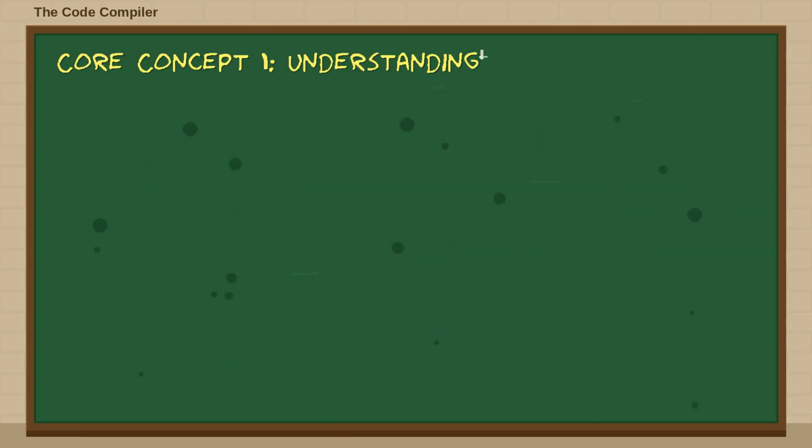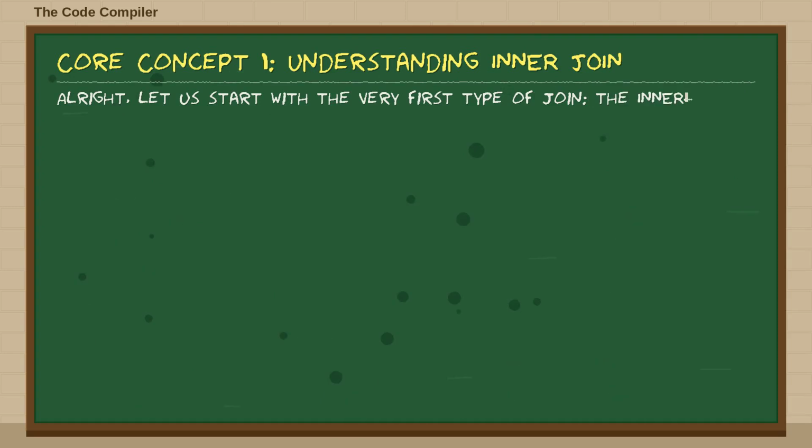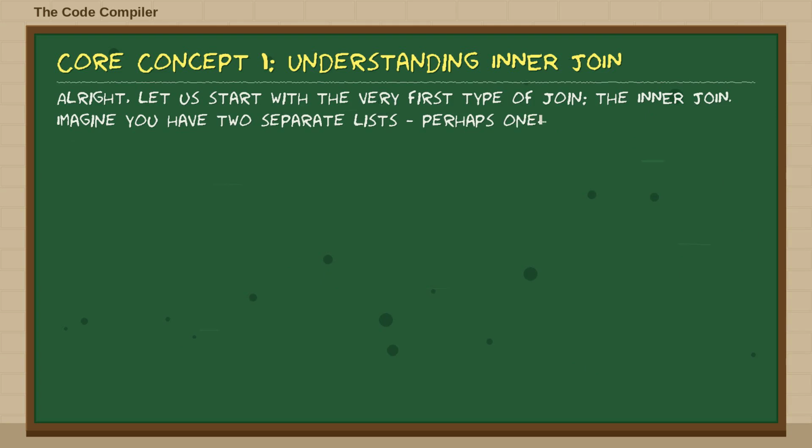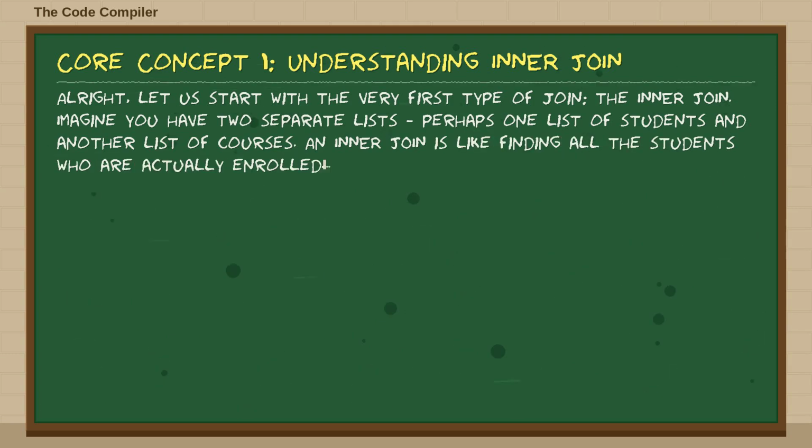Alright, let us start with the very first type of join, the inner join. Imagine you have two separate lists, perhaps one list of students and another list of courses. An inner join is like finding all the students who are actually enrolled in a course.